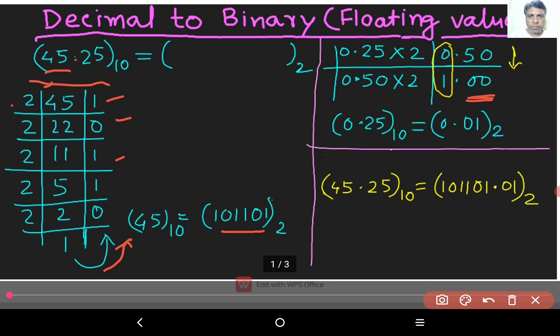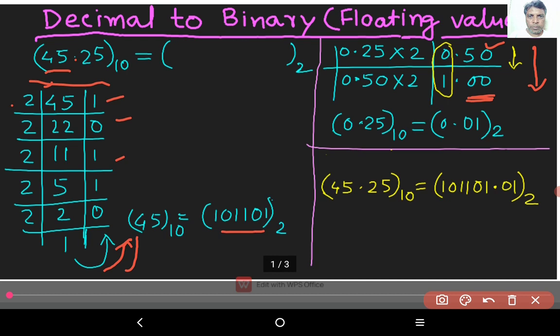The left part of the decimal, the whole part, is collected from up to down. In a whole number the remainders are collected from down to up, but in the decimal point value it is collected from up to down.